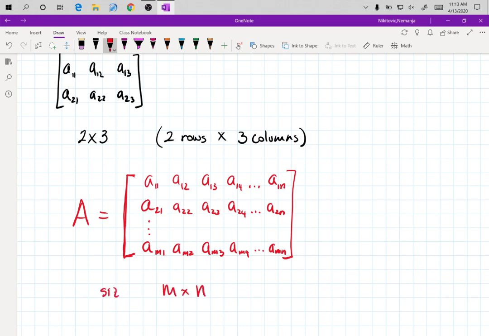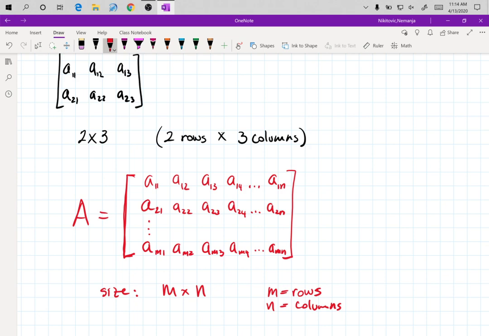That's the size, meaning m rows, n columns. So you can have any number of rows, any number of columns. It's just important that it's rectangular. Square is okay as well. A square is a special rectangle, right? A square is a rectangle with all the sides the same.